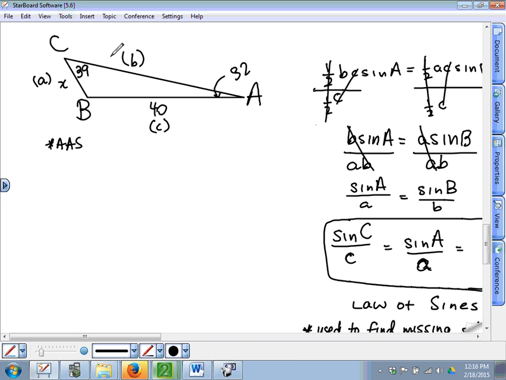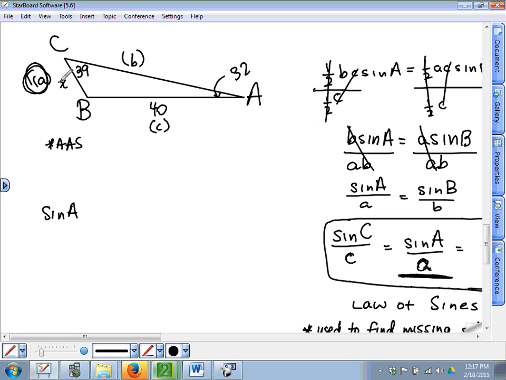But if I choose to label it this way, now you've got to decide what you're looking for. I know it says we're looking for X, but according to my labels, aren't we looking for side A? Because it's across from angle A. So if we're looking for side A, that means definitely we're going to choose this piece right here, sine A over little a, because I'm not asking you to find side B. I'm asking you to find side A. That's where the X is.